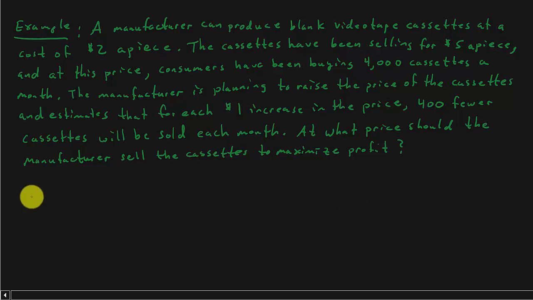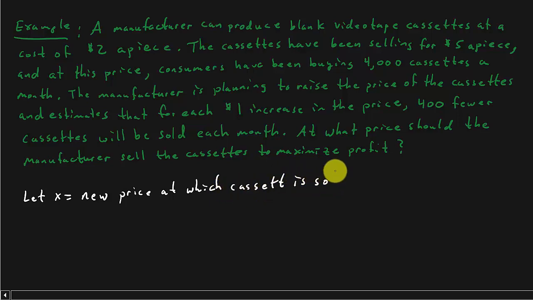So what we're going to do is we're going to let x equal the new price at which a cassette is sold. That's x.